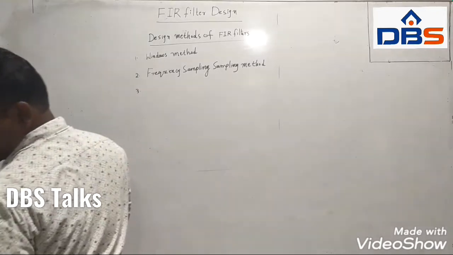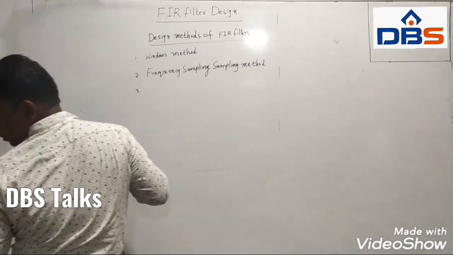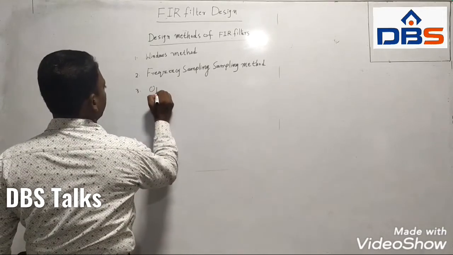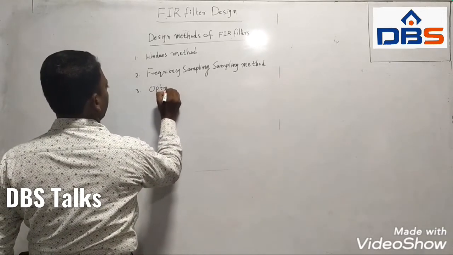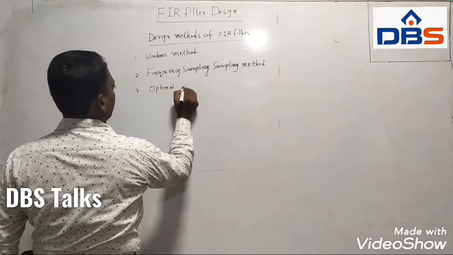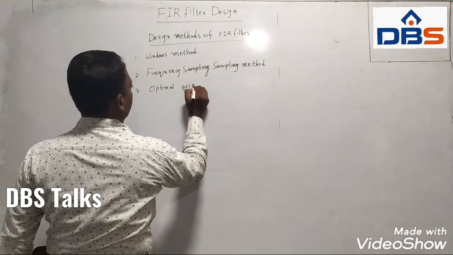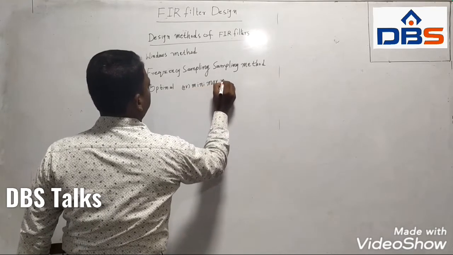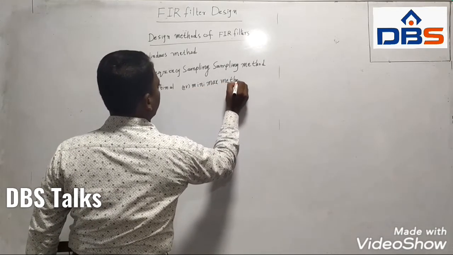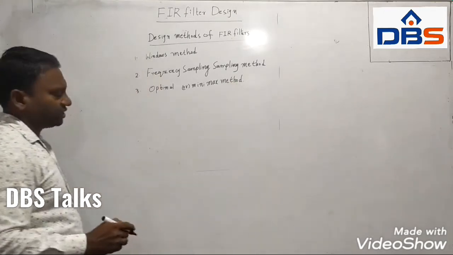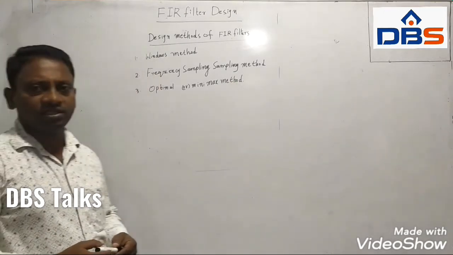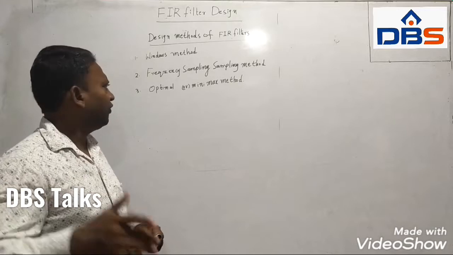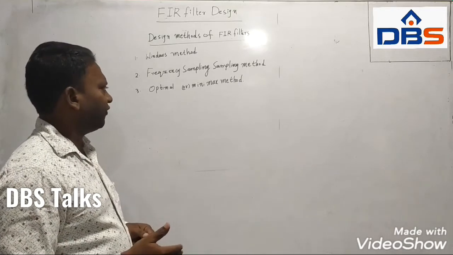Third, the optimal or minimax method. So these are the three design methods for designing FIR filters.